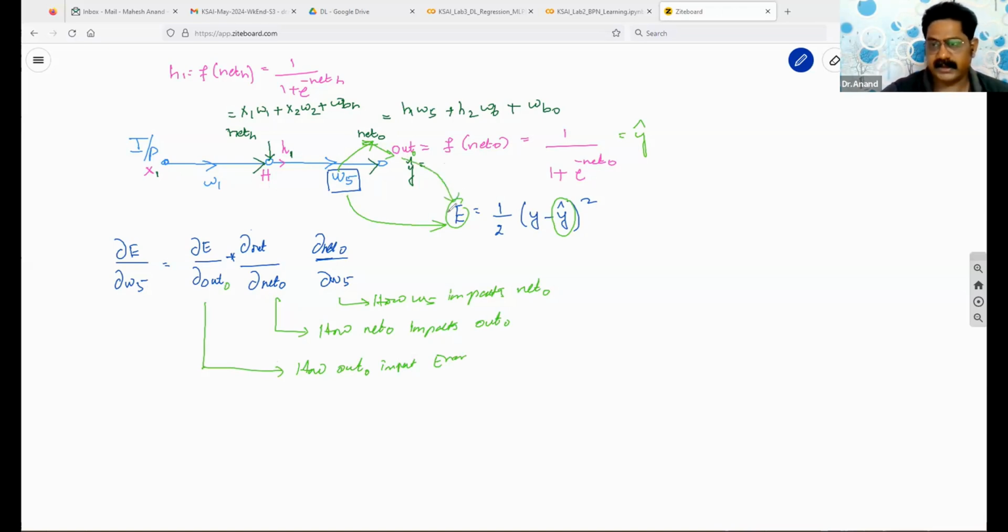You are taking an indirect route. Why are we taking an indirect route? Because it is easy to compute. We have broken down one complex calculation into three chunks of smaller calculations, so we can easily compute. Now we are going to compute each component. Why are we doing it like this? So that you can apply the same strategy for this guy also.